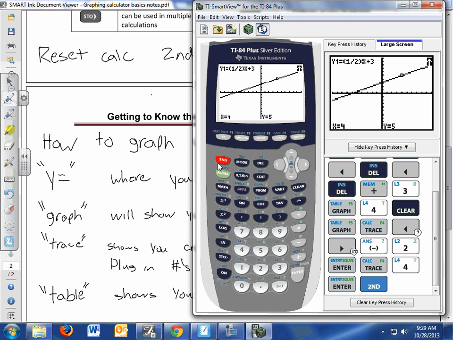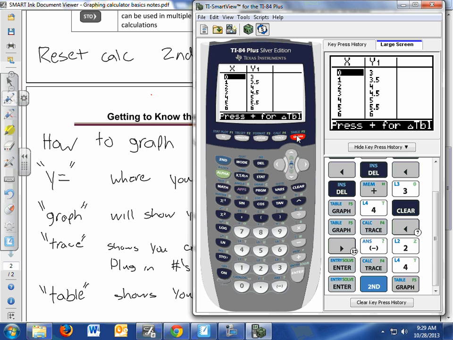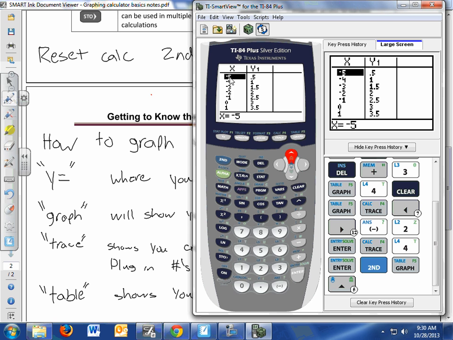We have to press the second button and then the table. Everybody pop up the table. Those points are all solutions to that equation. So that's table set. You want table up there. Okay, cool. So you can move around and find 5 points really quickly.